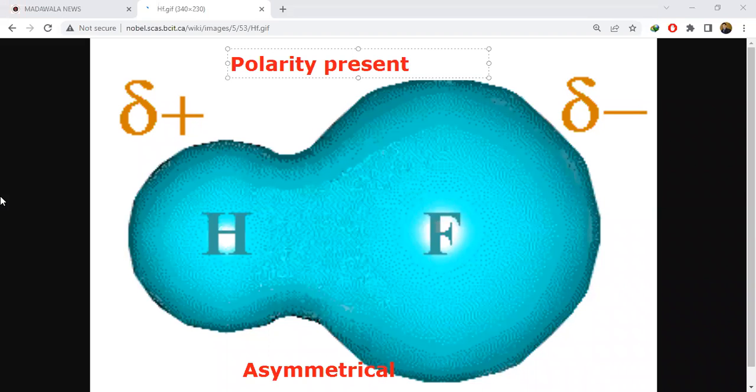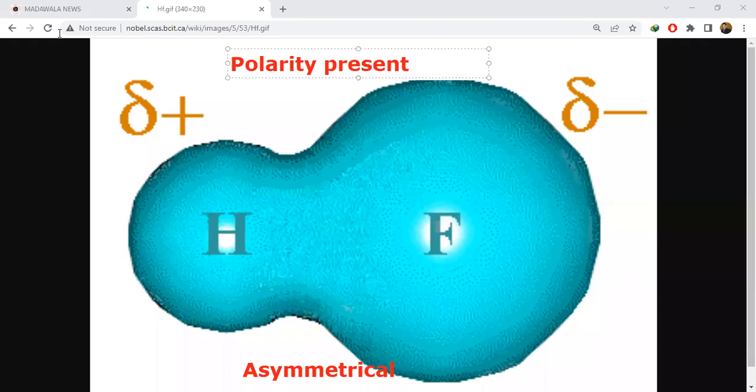If the electron cloud is asymmetrical, then there will be polarity. Are you clear? Have you marked it? So in a homoatomic molecule, there will be no polarity, no?